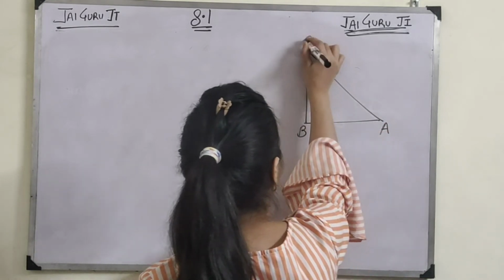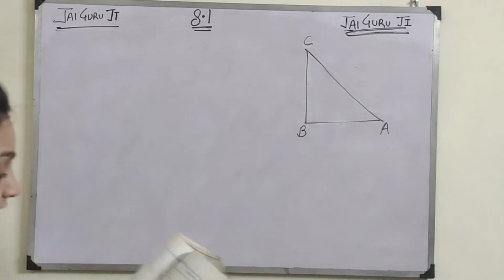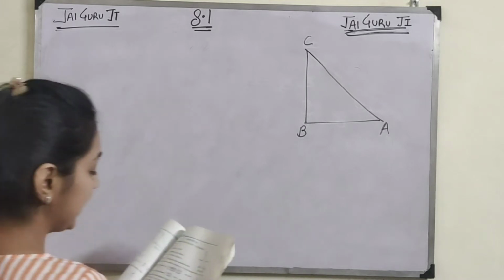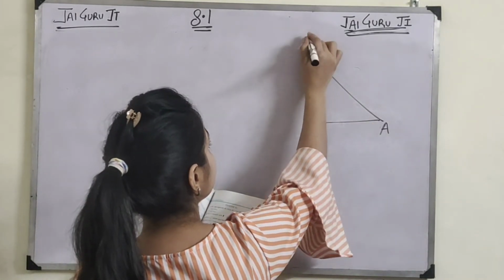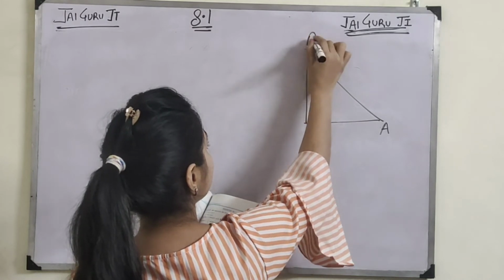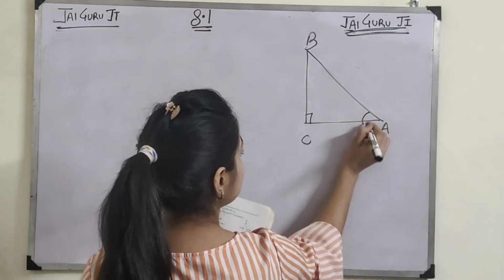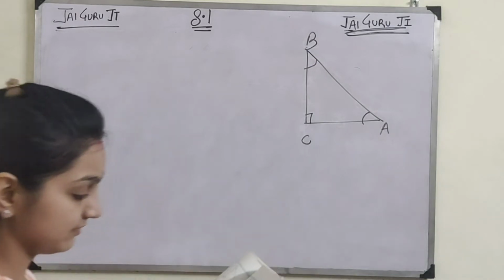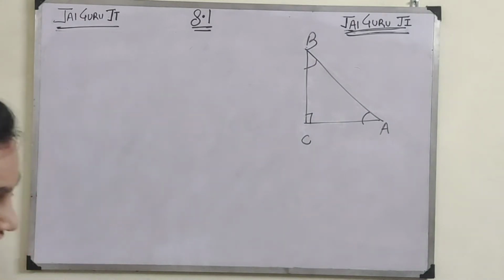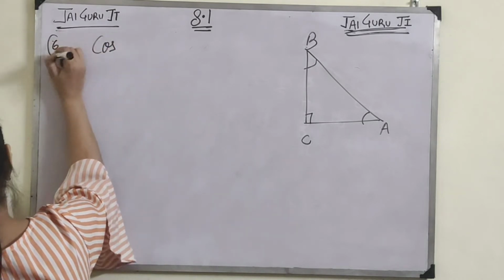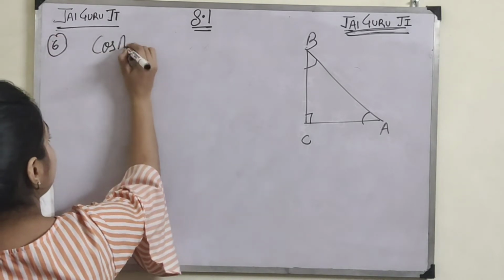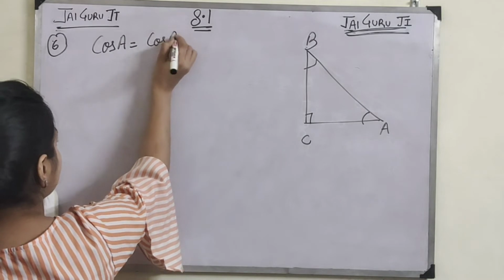Just remember, if angle A and angle B, this is angle A. I will take this angle as B according to the question. These are acute angles given, such that cos A is equal to cos B. It is given in the question.